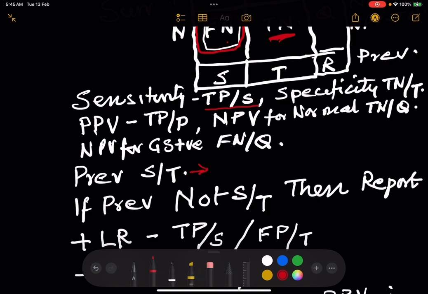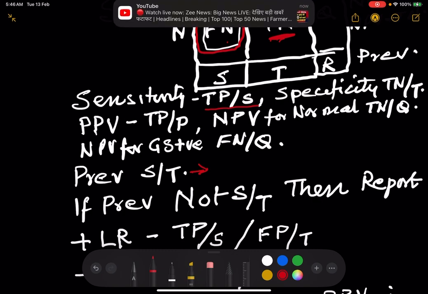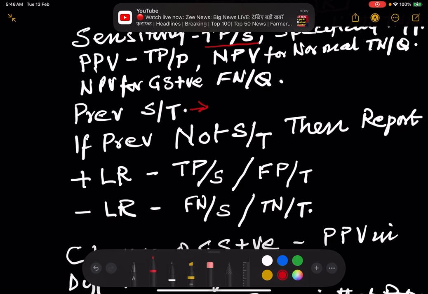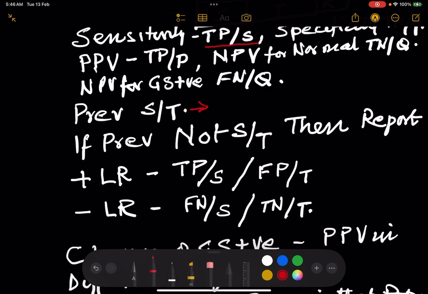So now, if you are trying to use this test in a population with a different prevalence of disease, where the S upon T is not the same, then you report a positive likelihood ratio, which is the true positive rate upon the false positive rate.